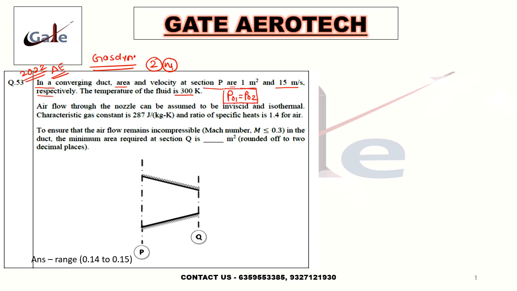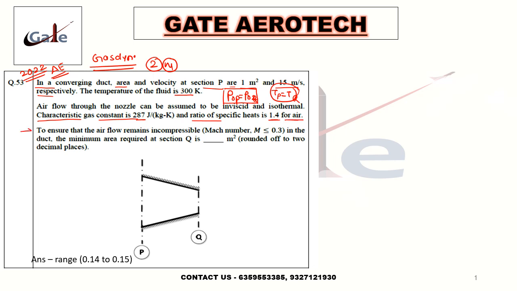Isothermal means the process in which temperature remains constant, right? So they are saying temperature is constant from station number P to station number Q. The characteristic gas constant they have given is 287, and the ratio of specific heats is 1.4 for air.